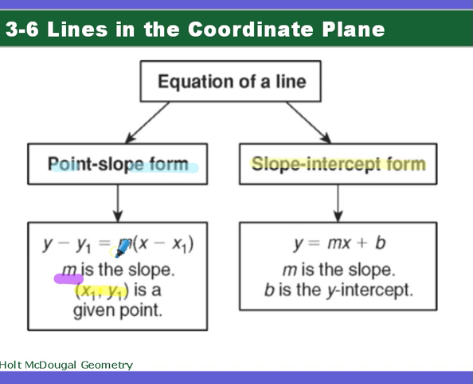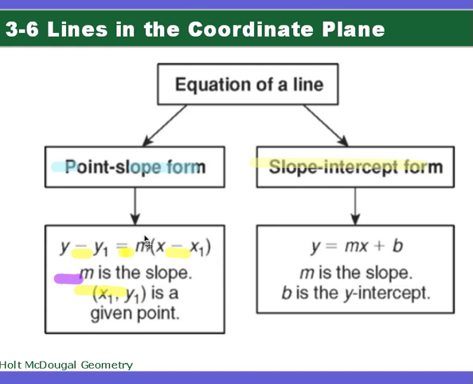You plug your slope and the coordinates of your point in. So it's y minus y1 is equal to m times x minus x1. Don't forget the parentheses around your x minus x1, because when you want to simplify this, you will distribute your slope across those two terms.